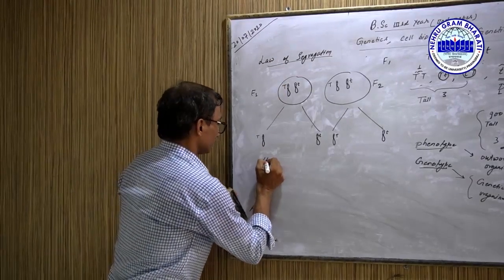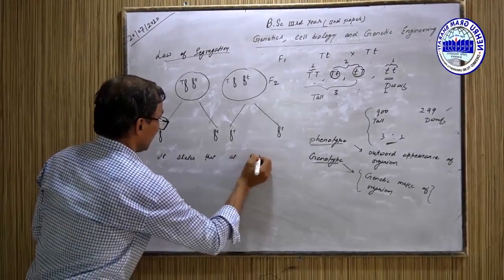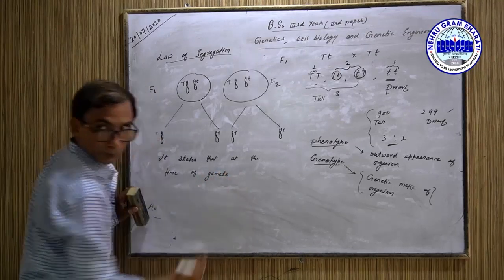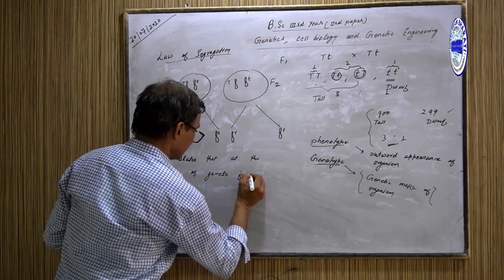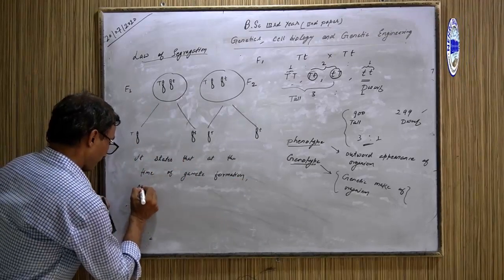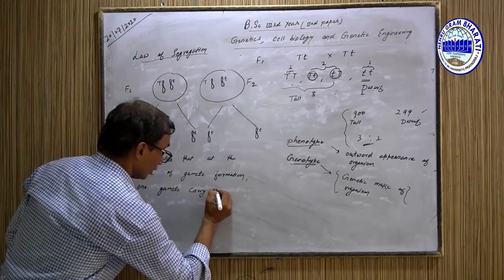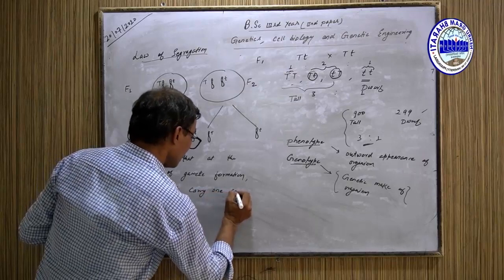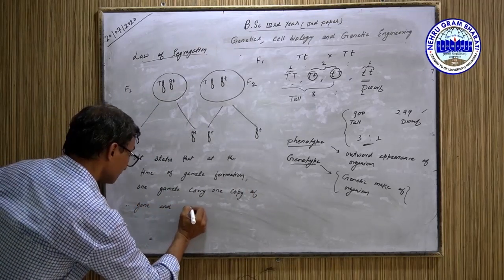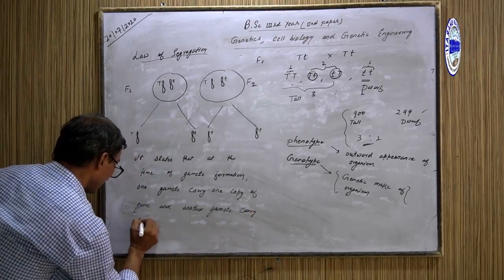It states that at the time of gamete formation, one gamete carries one copy of the gene and another gamete carries another copy of the gene.